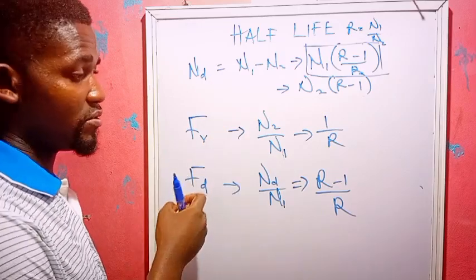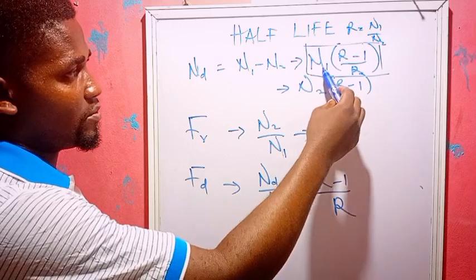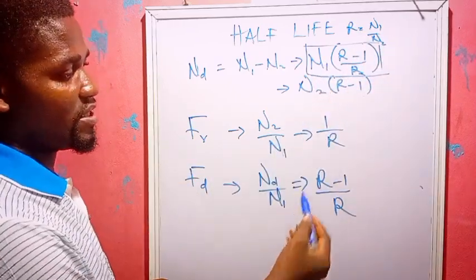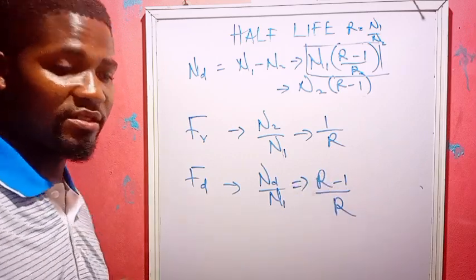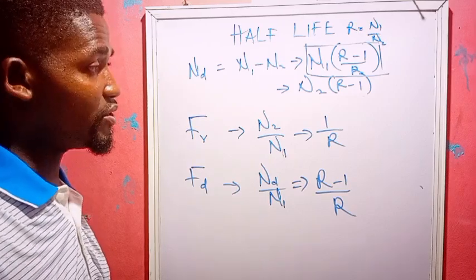We can use it to get the fraction that decay. So this N1 cancels this N1, and we now have R minus 1 over R. That's the fraction that decay. So we are going to be using these formulas in calculations.